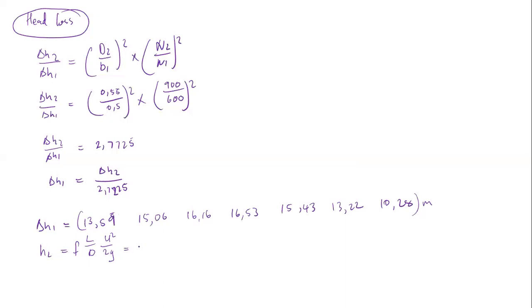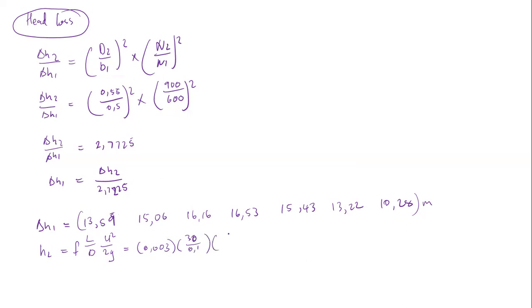Our friction was given to be 0.003, and our length of the pipe was 30 meters. Then our diameter of the pipe was 100 millimeters, so we divide that by 1,000 and get 0.1.